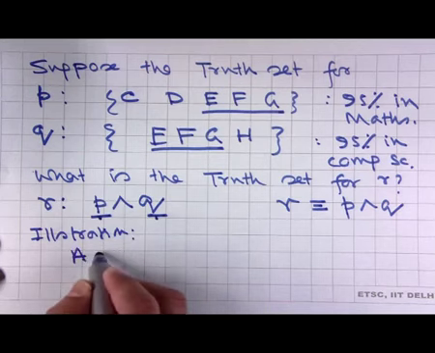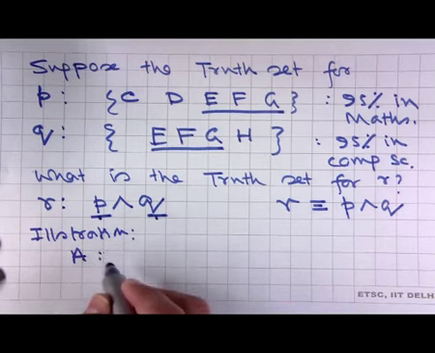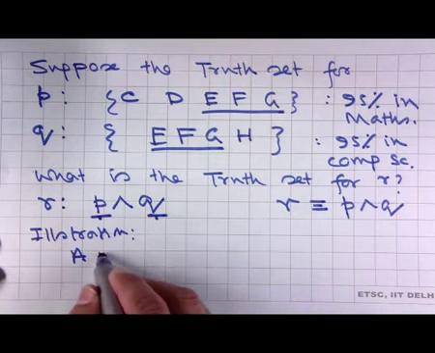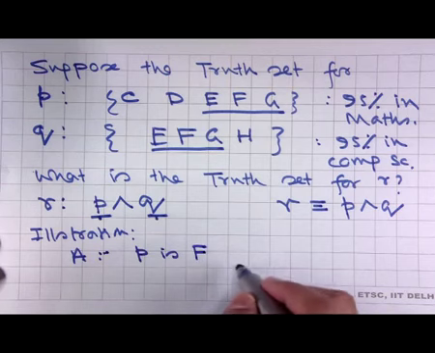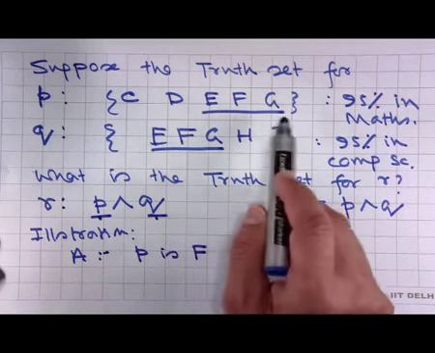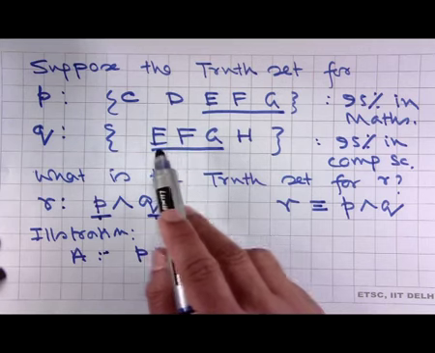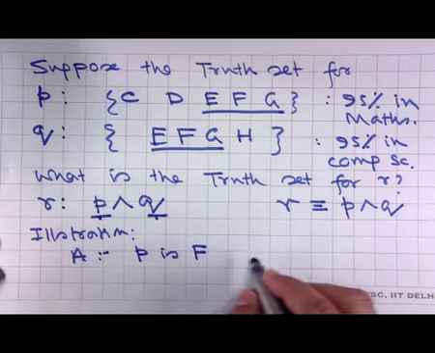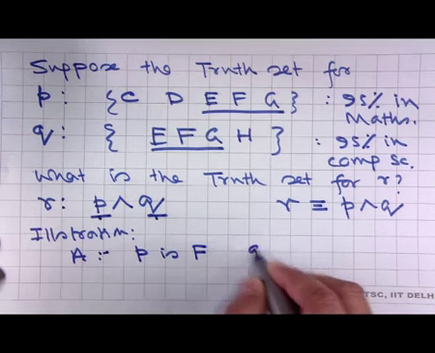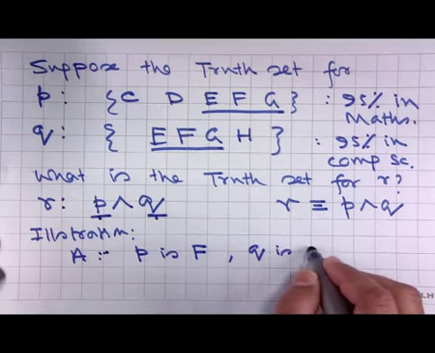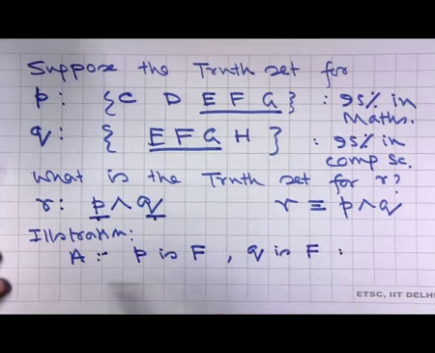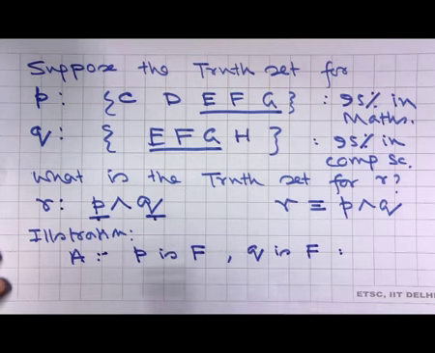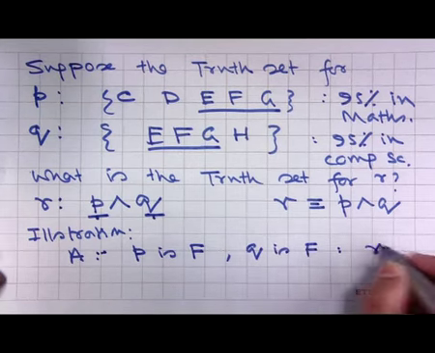A did not get 95%, therefore, A does not satisfy P. So, for A, P is false. A did not get 95% in computer science. Therefore, for A, Q is also false. Therefore, A does not get a prize, and therefore, for A, R is false.